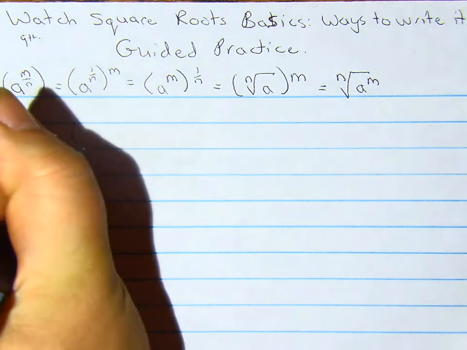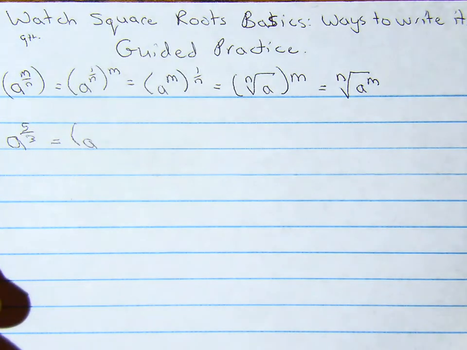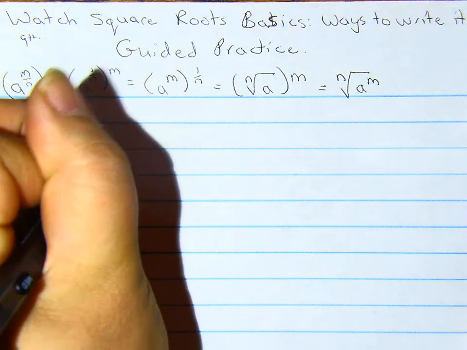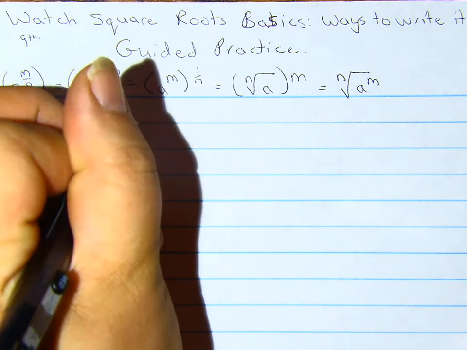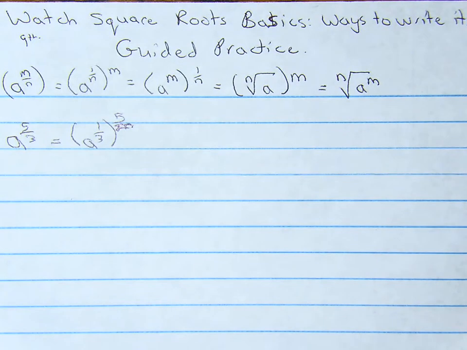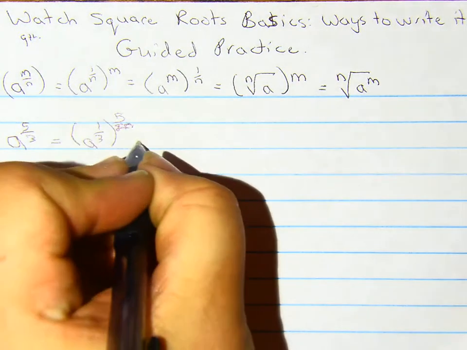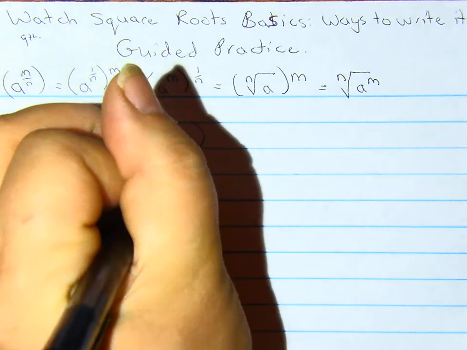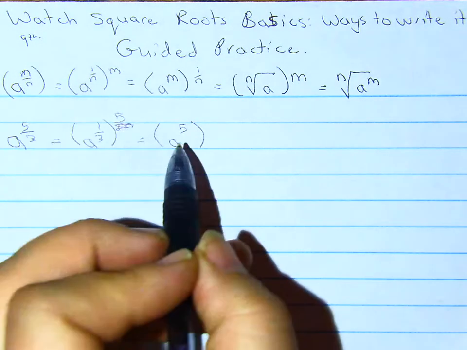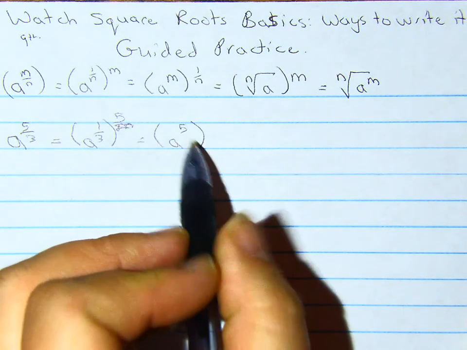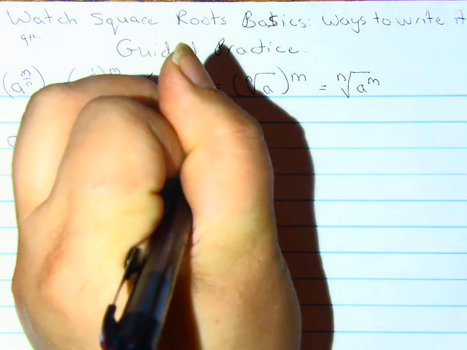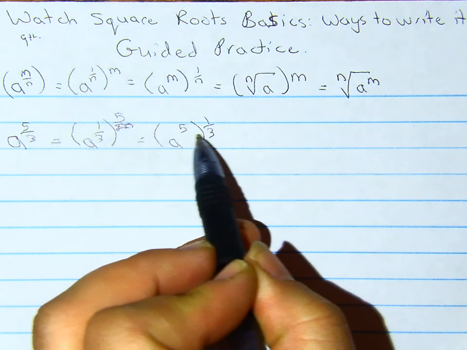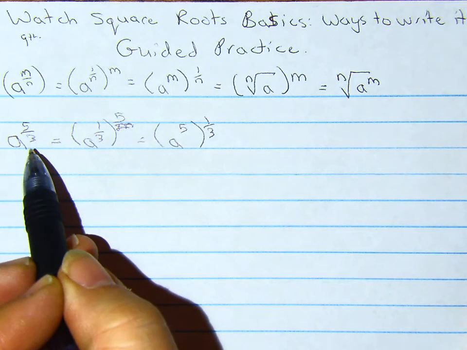I can rewrite this as a to the, here's my numerator, my n, there's my m, so 1/3, raised to the 5th, because 5 is my m. Which means I can also rewrite it as a to the 5th, because I could do 5 over 1 raised to the 1/3. If I multiply these together, I would still get 5/3.